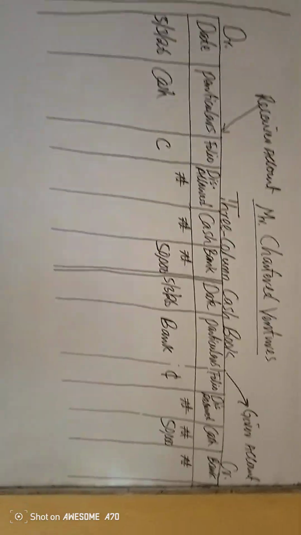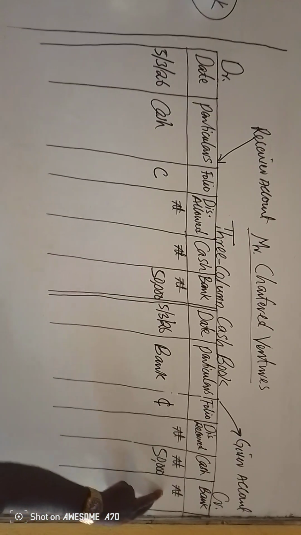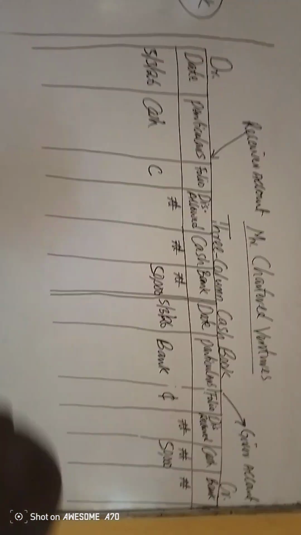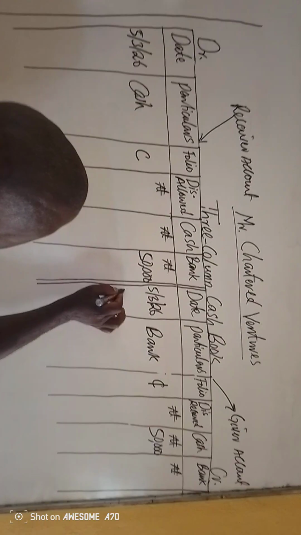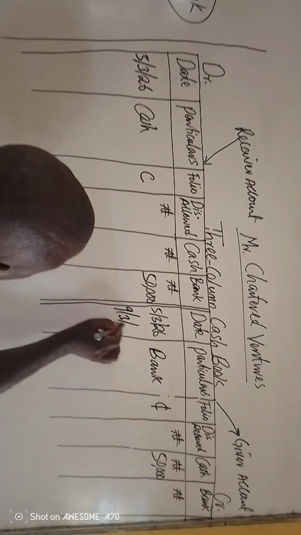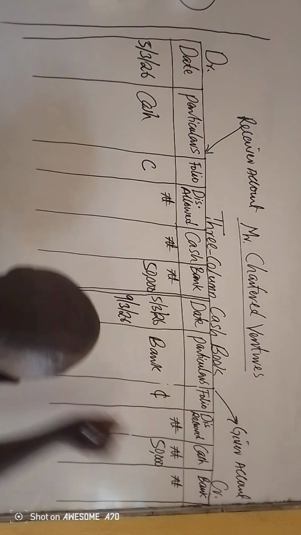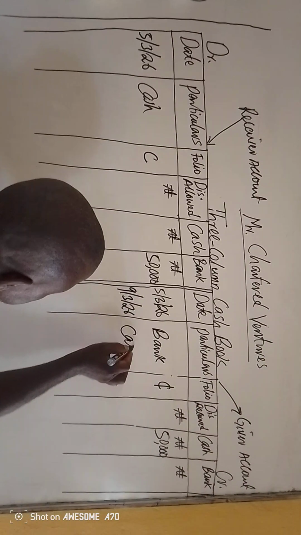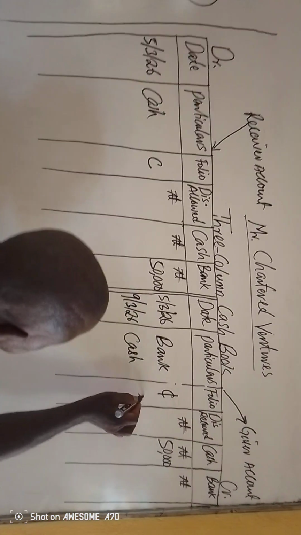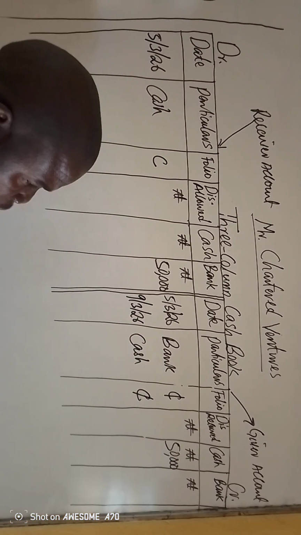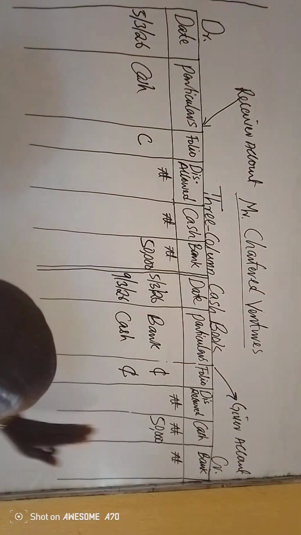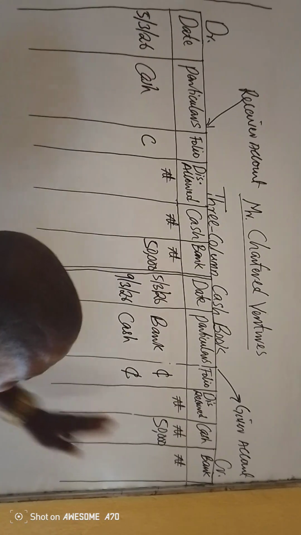So don't think about cash, we're dealing with the giver, which is bank. Now say bank, on this date, which is the 9th of 3rd, 26, bank is giving to cash. It's giving to cash. And this is C, which is standing for contra entry. Mind you, we have suspended cash, cash is not the giver. The giver now is bank.